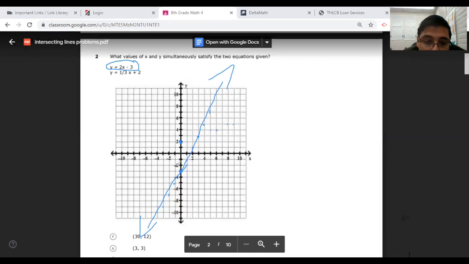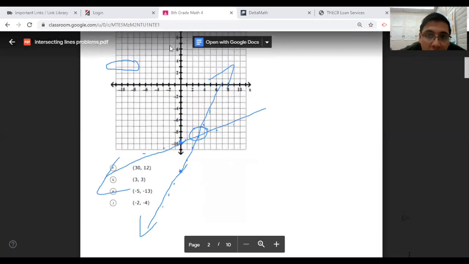There we go. And down 1 over 3, down 1 over 3, and so on. Okay, so it looks a little something like this. And we find that point of intersection right there, which is 3 and 3. So our answer ends up being G.